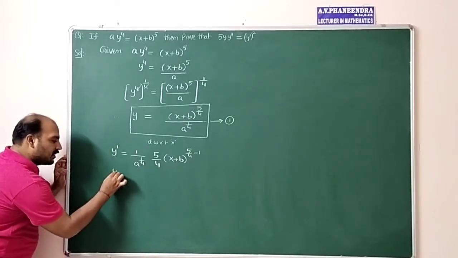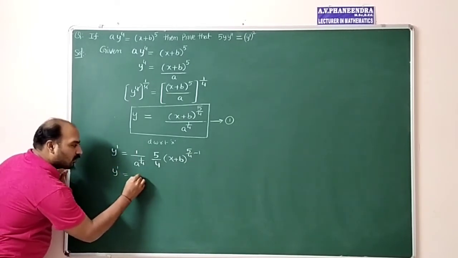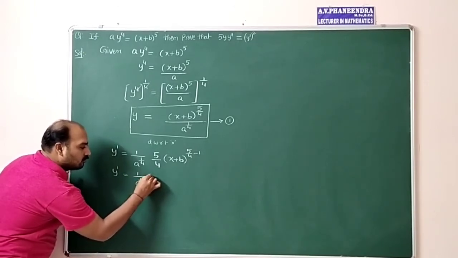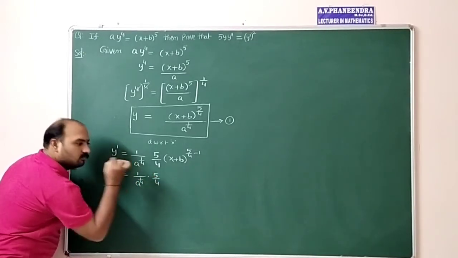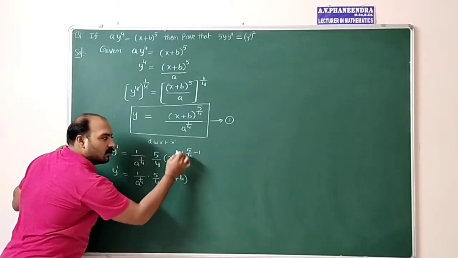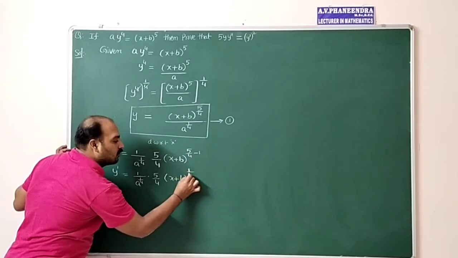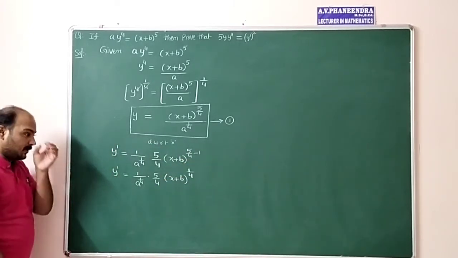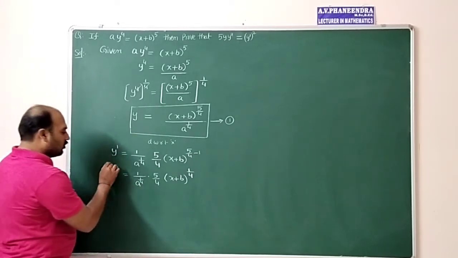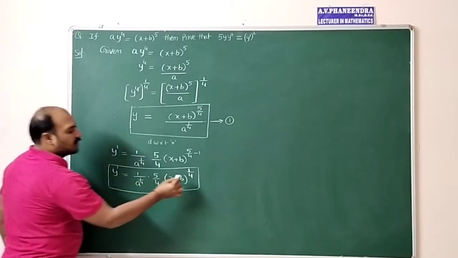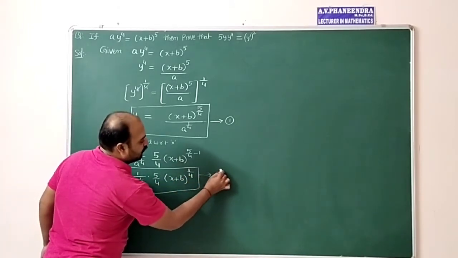So y dash equals 1 by a power 1 by 4 into 5 by 4 into (x plus b) whole power, 5 by 4 minus 1, taking LCM, 5 minus 4 by 4, that is equal to 1 by 4. This is the y dash value. You can take it as equation number 2.